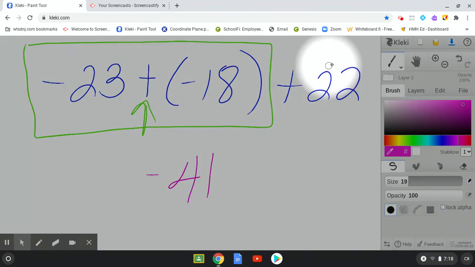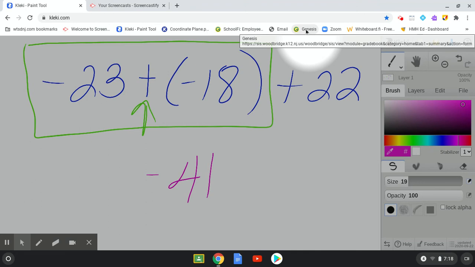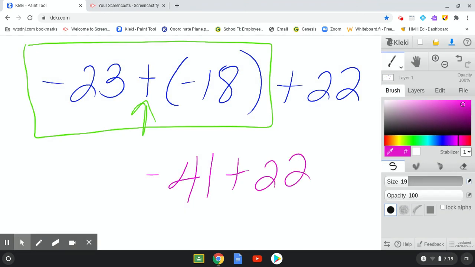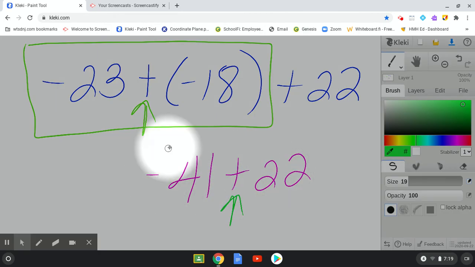Now what I'm going to do is I'm going to drop down the rest of this problem. So I'm going to drop down the plus 22. So I still have an addition problem. Now I'm looking at my integers. My signs are different. I'm now going to subtract and take the sign of the bigger number. So I'm subtracting these two and taking the sign of the bigger number.